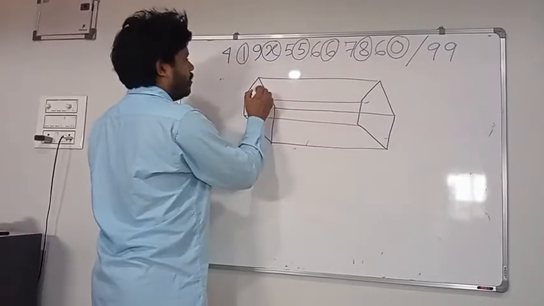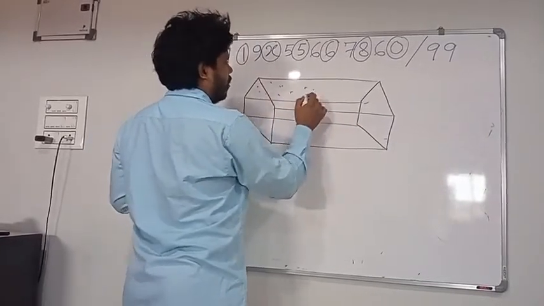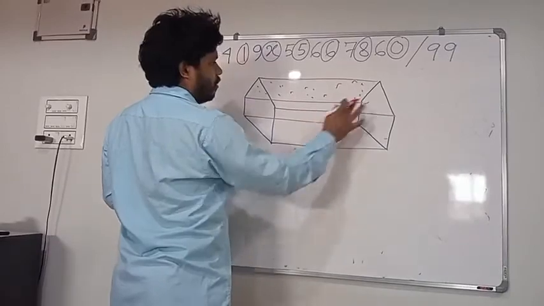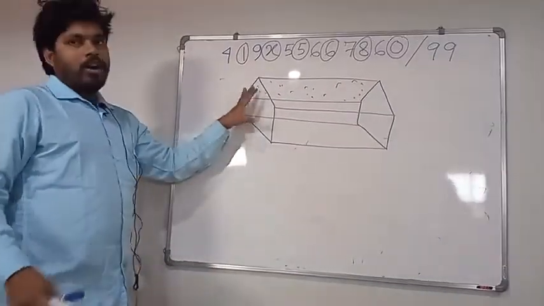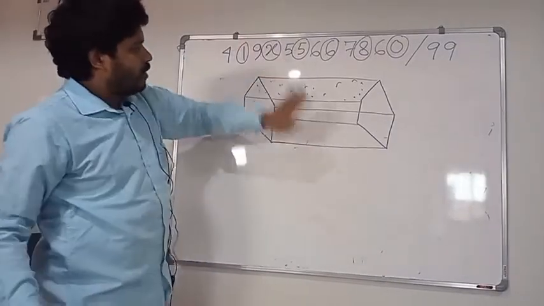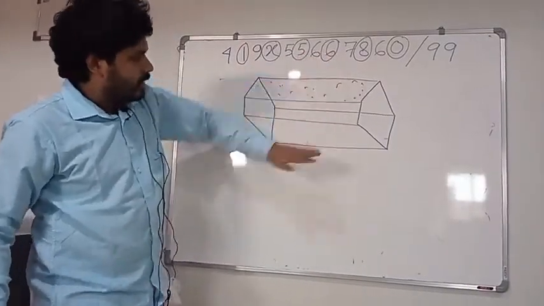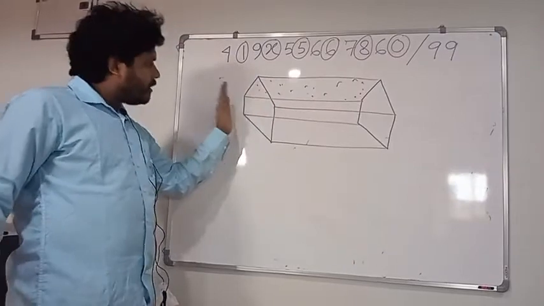Then the figure is a pentagonal prism. Look, this side is a pentagon and all vertices are joined. So 5 sides in this place, and this is 1 and this is 1.